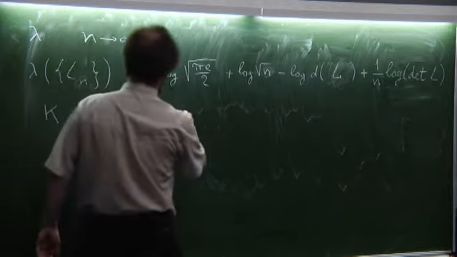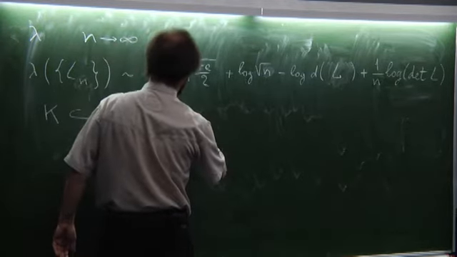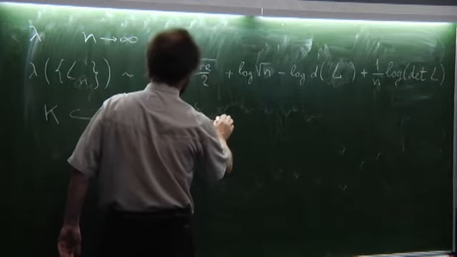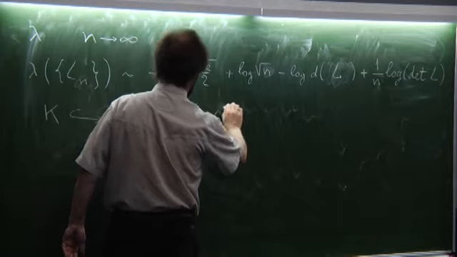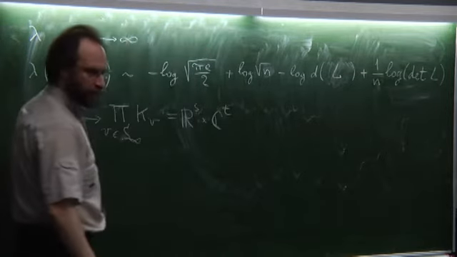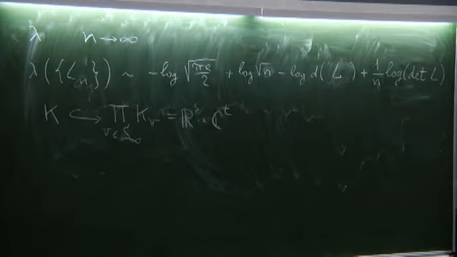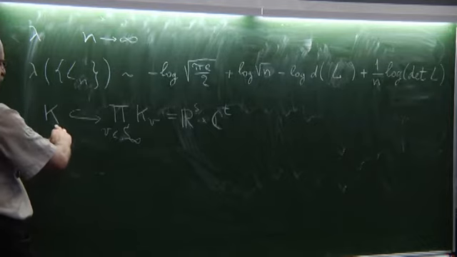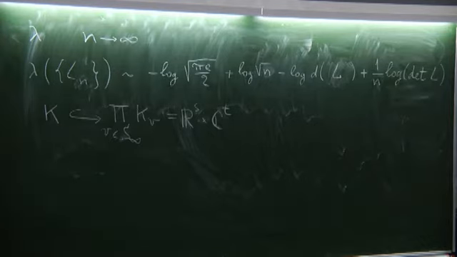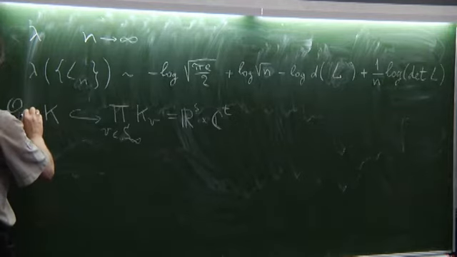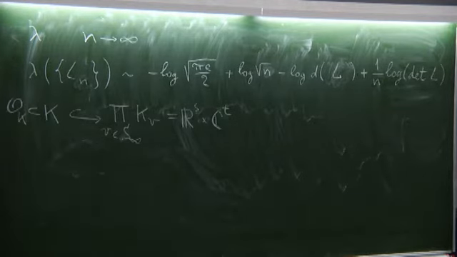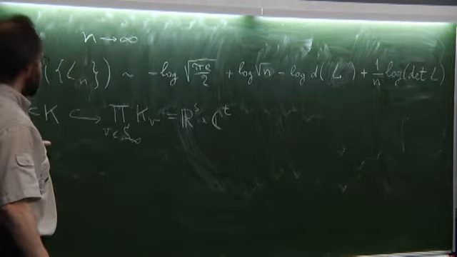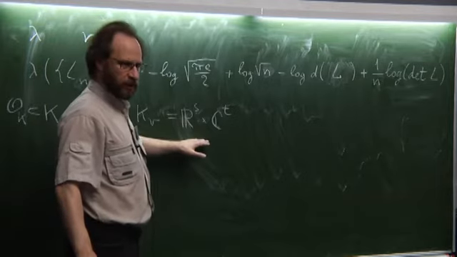So this is r to some power s times c to the power t. This is the number of real embeddings, and this is the number of pairs of complex embeddings. Now, since the number is finite here, k is not discrete there. So instead of k, I take the ring of integers. I could as well take an ideal here. And the ring of integers is already discrete here.